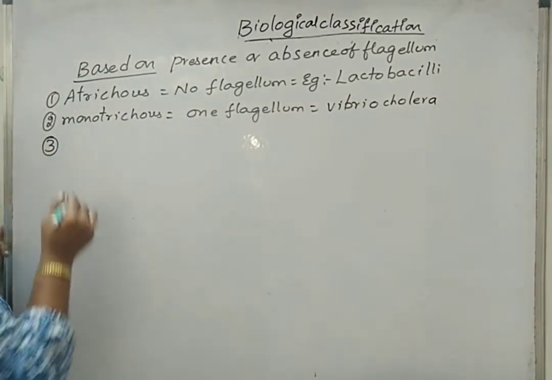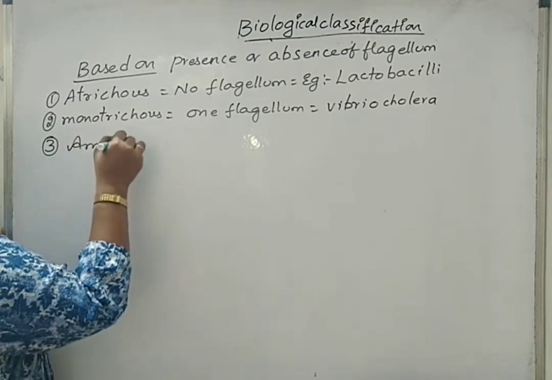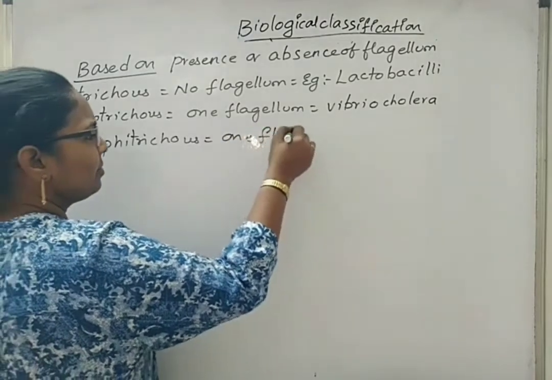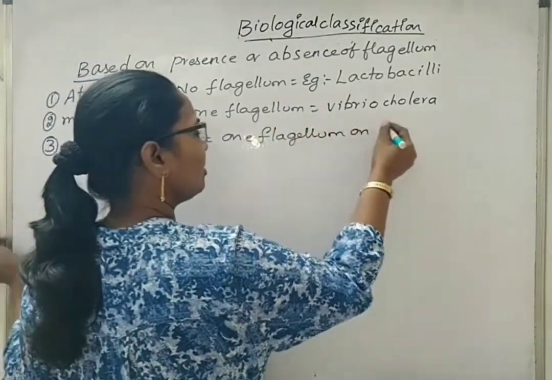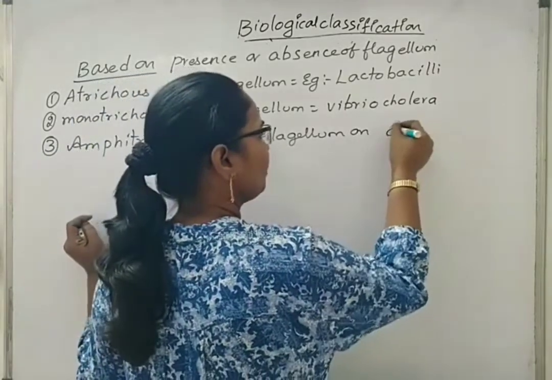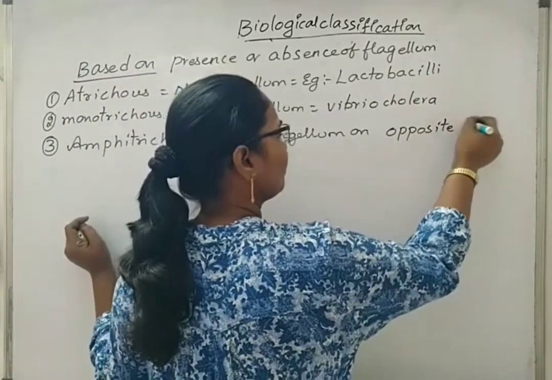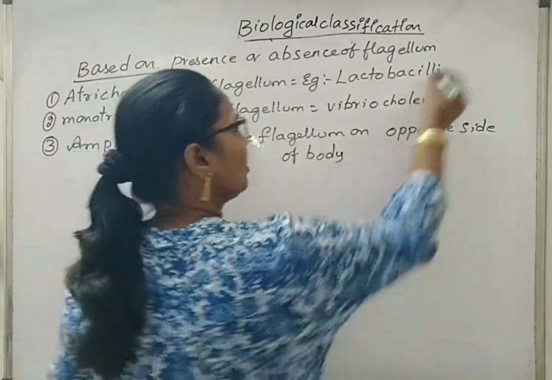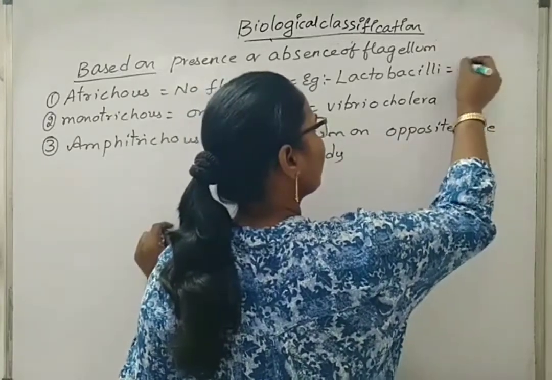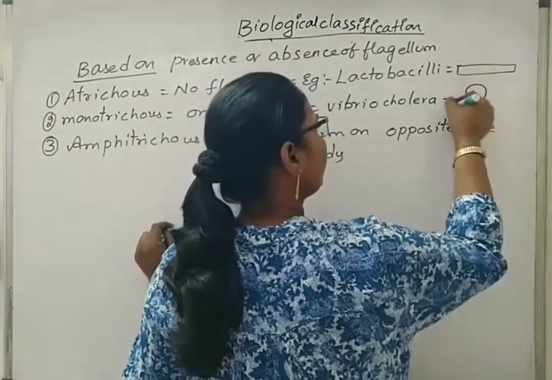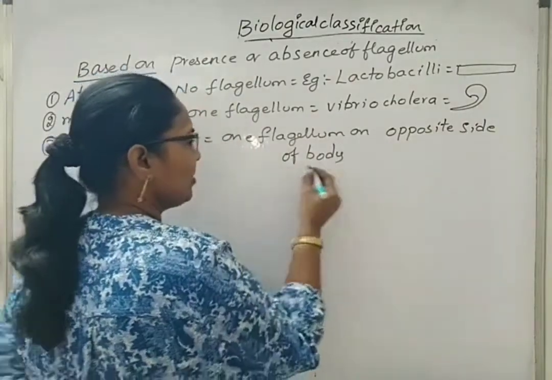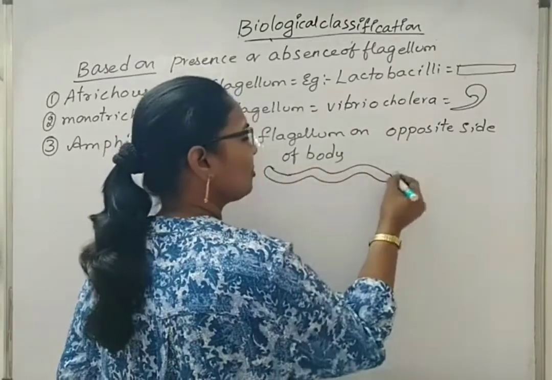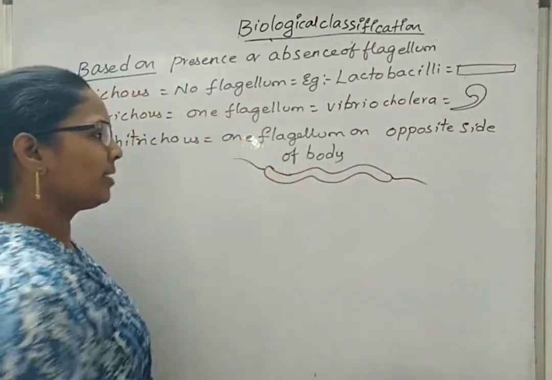Third one, amphitrichous, one flagellum on opposite sides of the body. So here we can draw this comma shaped, and in this structure we can draw the diagram of a single flagellum on either side.